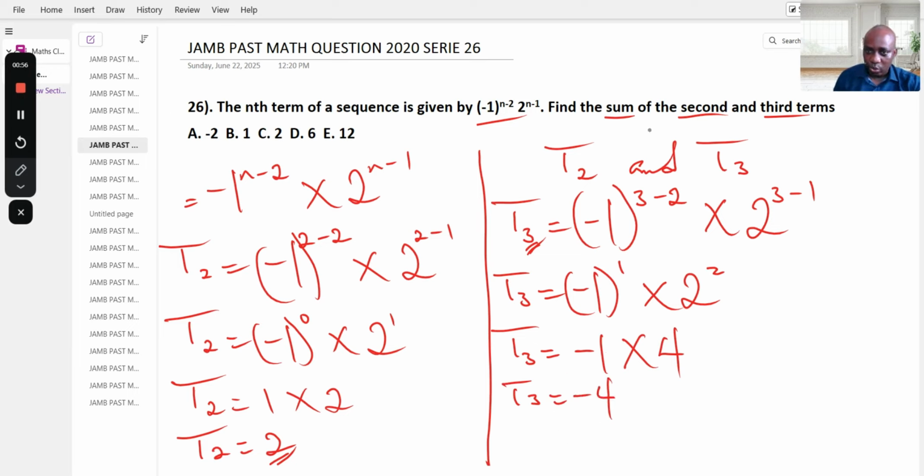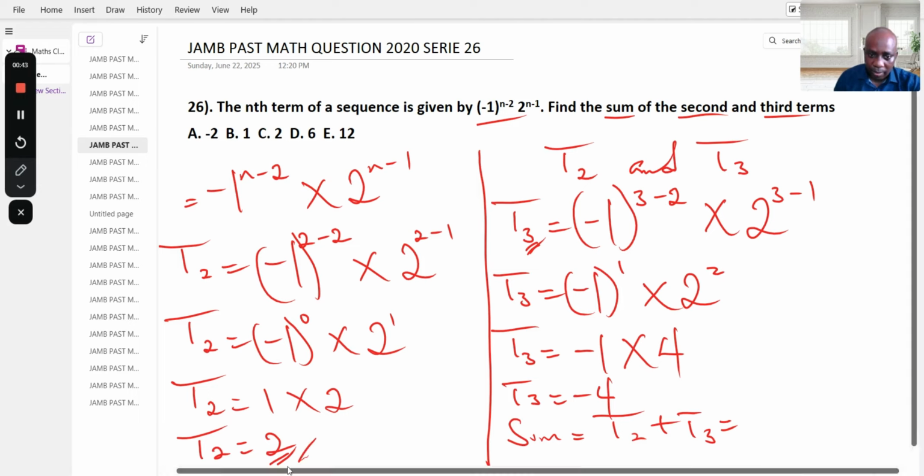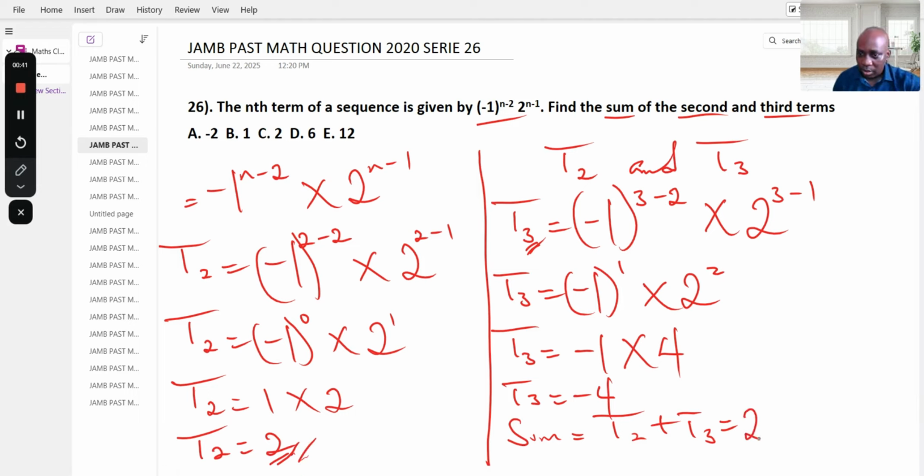The question said that we should look for the sum. The sum of T2 plus T3: for T2 we got 2, and for T3 we got minus 4.